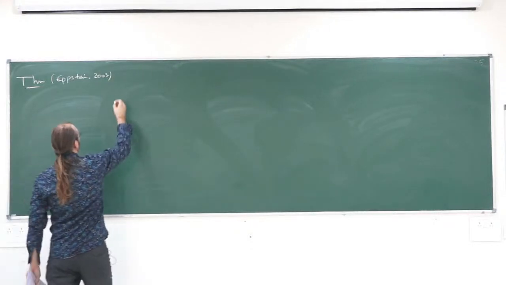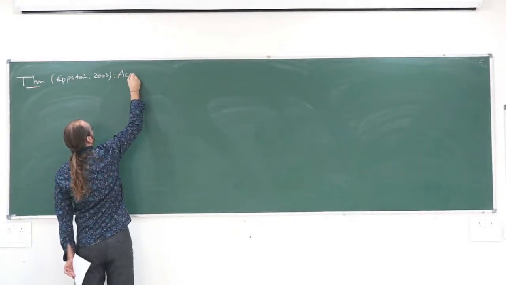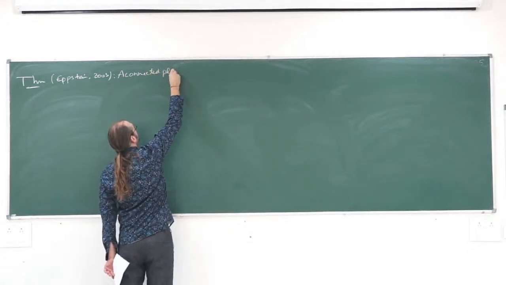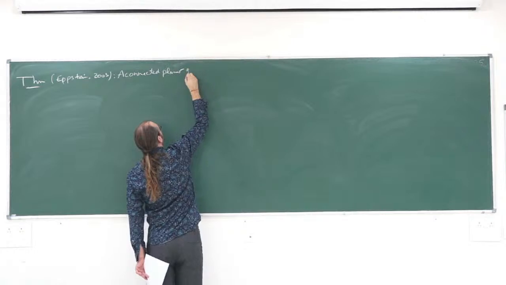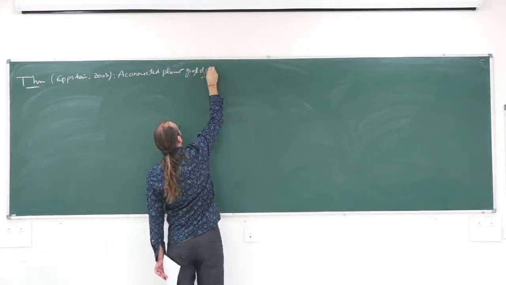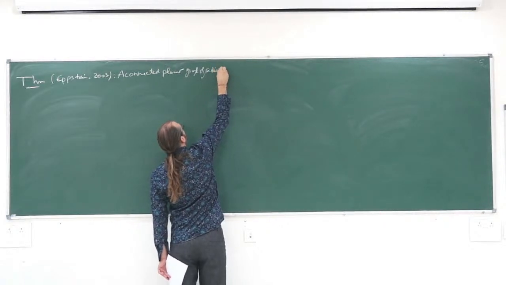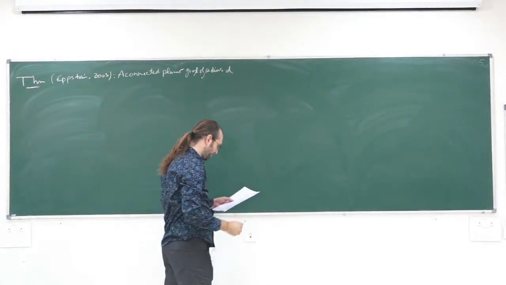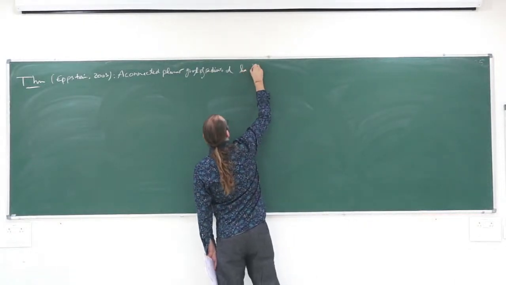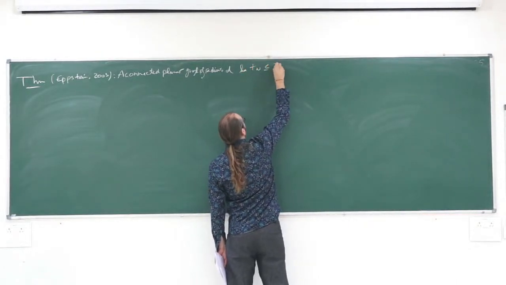It says that if you have a planar graph where the radius is D, then the treewidth is at most 3D plus D.